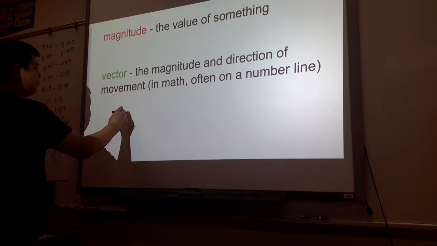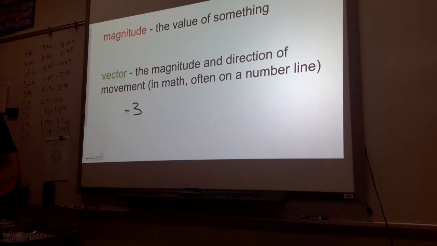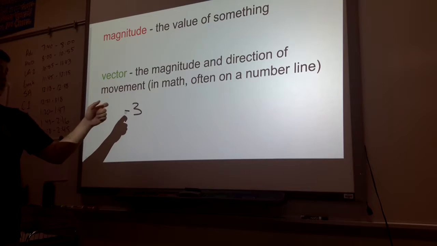So the number -3 definitely has a direction. It's 3 spaces to the left of 0, correct? This gives it direction.